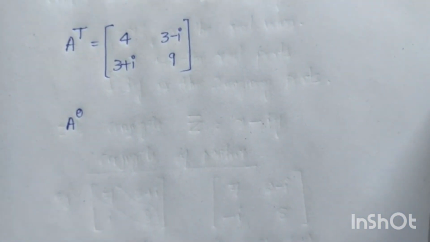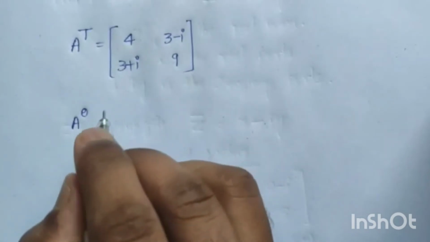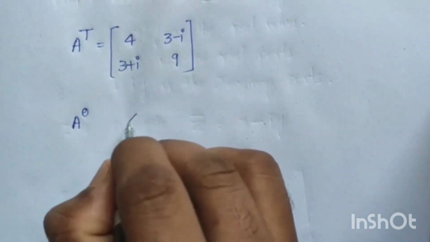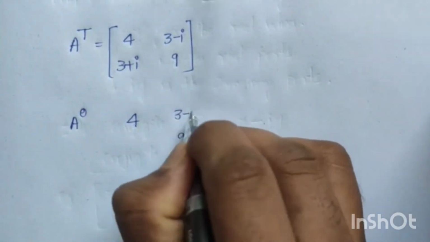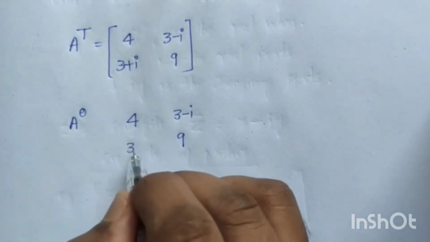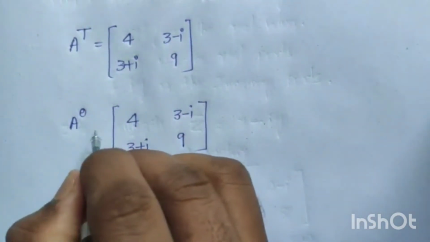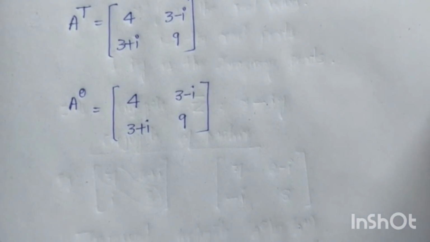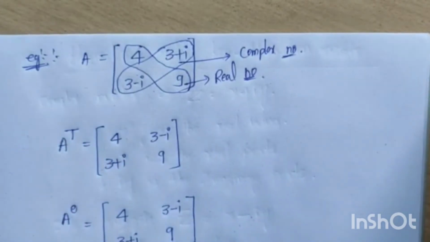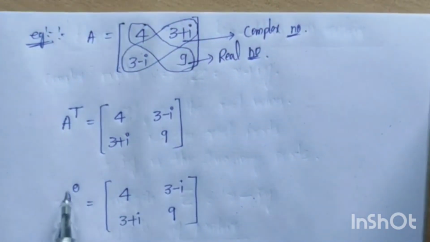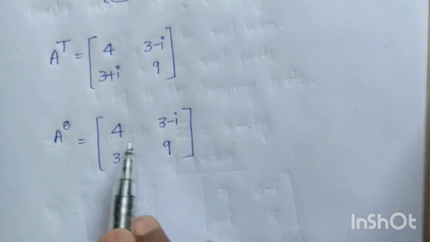A conjugate: real numbers are as they are, 4 and 9.